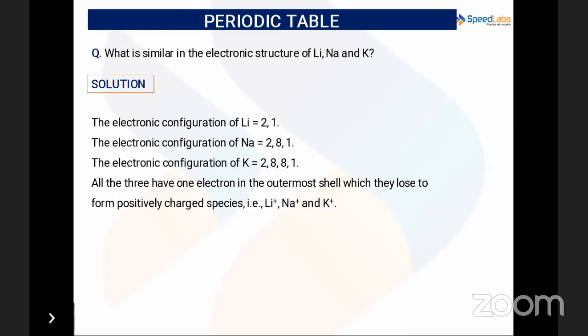So if you see the examples here, lithium, sodium, and potassium: in the outermost shell of all three elements there is one electron present, which can be easily donated to other species, and these atoms form positive ions. Okay, so this is the question and the solution. We are moving towards the next question.